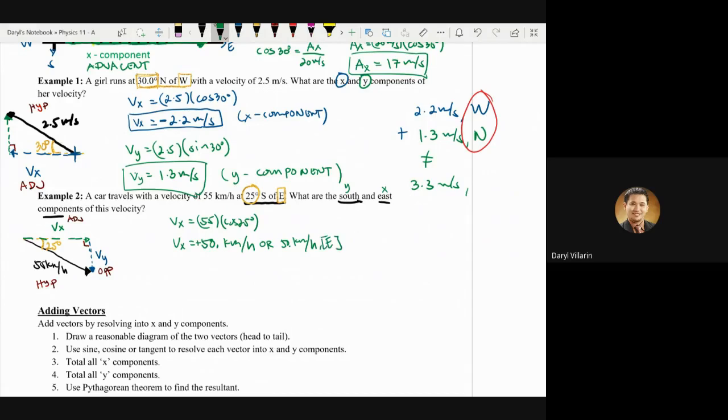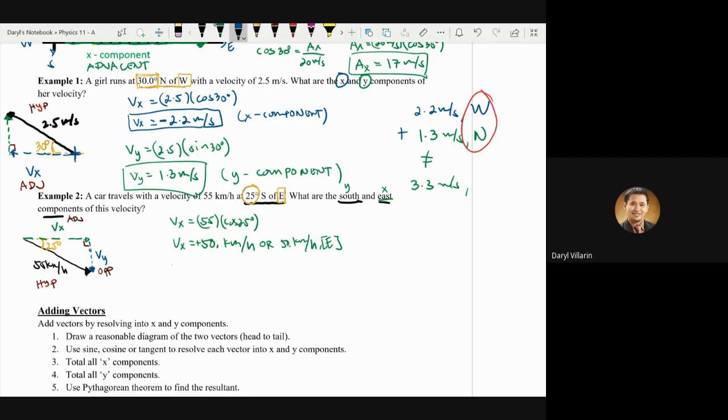Automatically, whatever is your x component would be directed east. But in case you're asked to solve for the x component's direction, it should be directed east. Or if we use this in a computation, instead of using east, we use the symbol plus. Later on, if we add vectors, the sign of your Vx and Vy will play an important role.